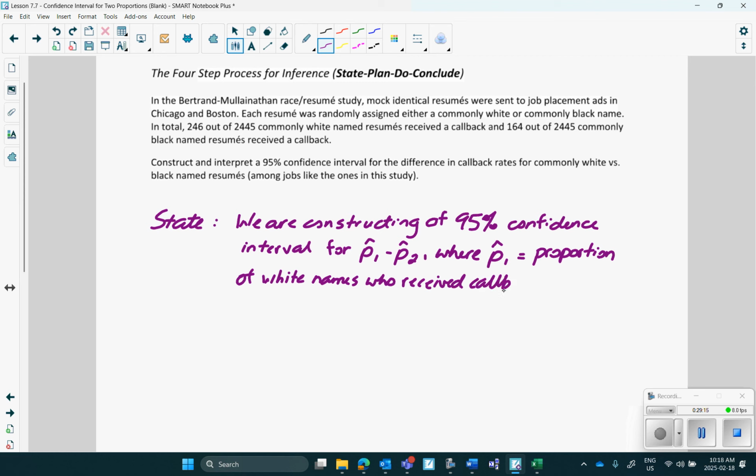And P hat 2 is the proportion of black names who receive callbacks.